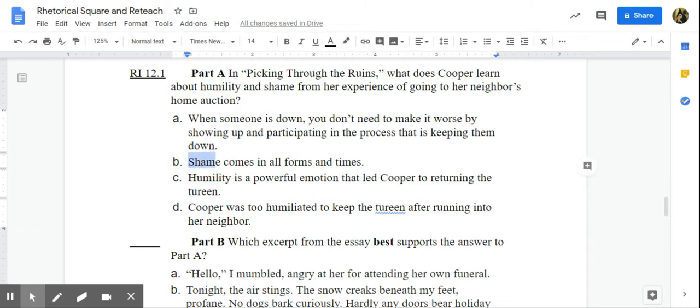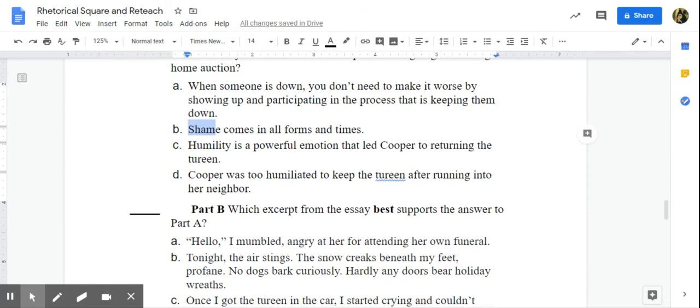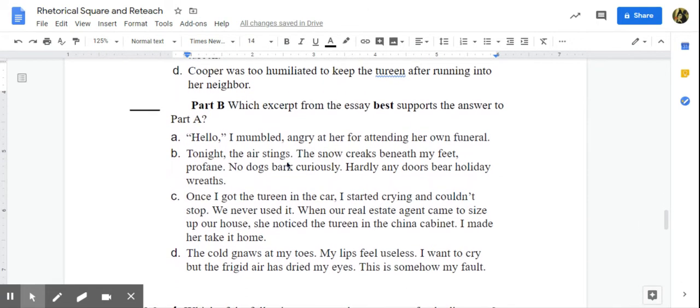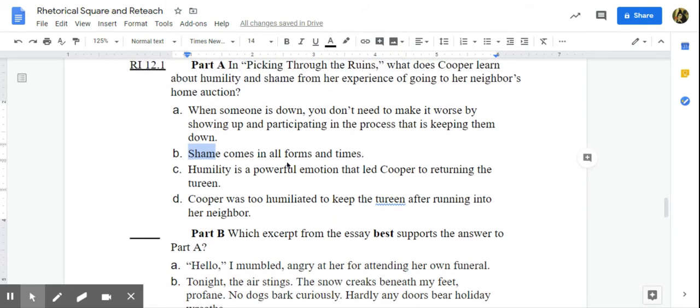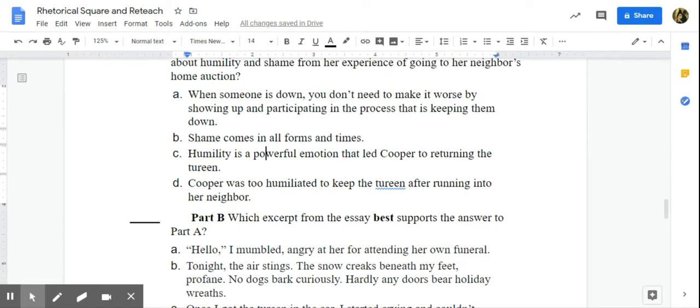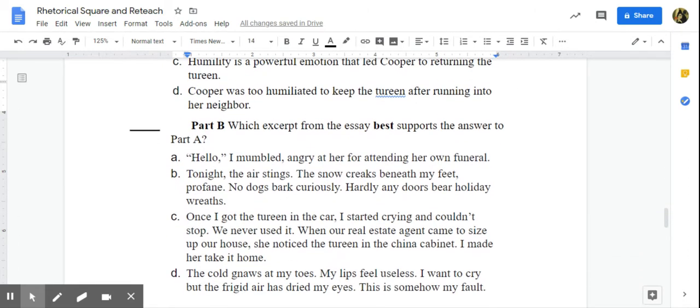But sometimes those aren't going to fully answer the question. So I want you thinking about which one of these 4 fully answers the question that's asked here. The same thing with down here. Part B is where we have to find the evidence that supports whatever answer you chose up here. So figure out which evidence best supports your answer.